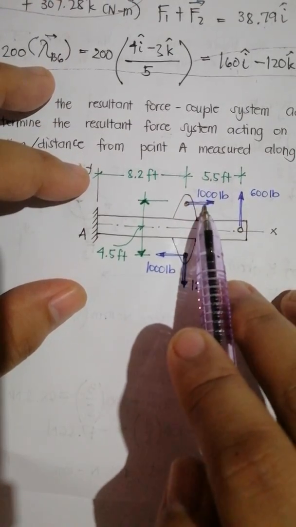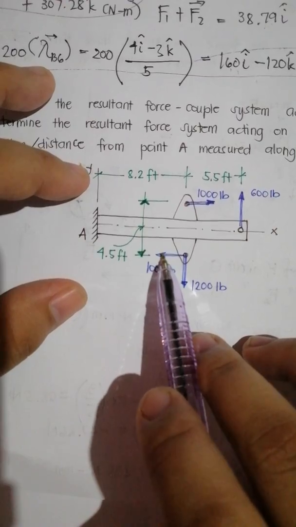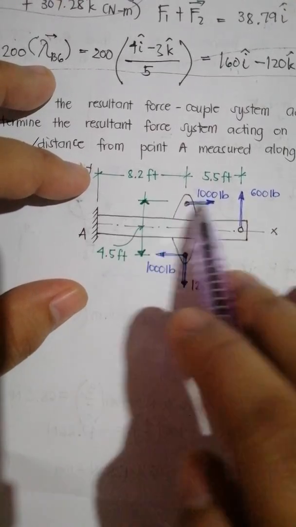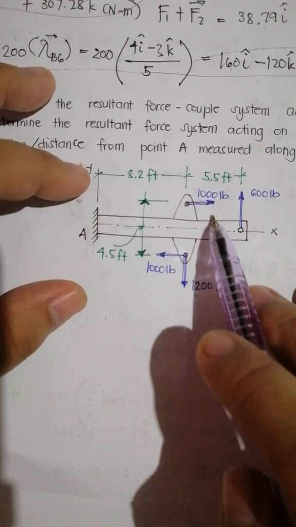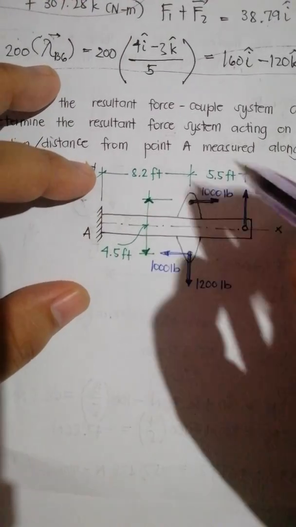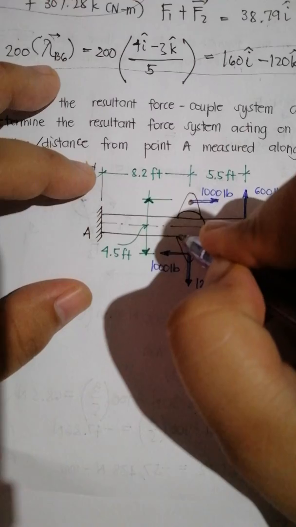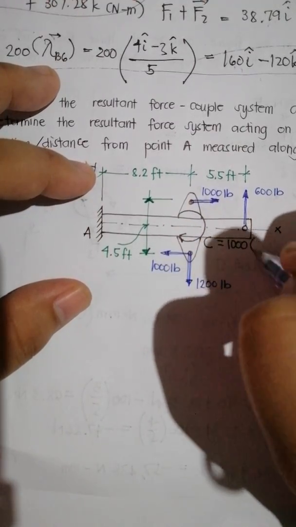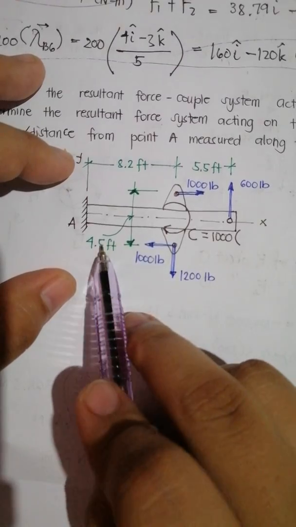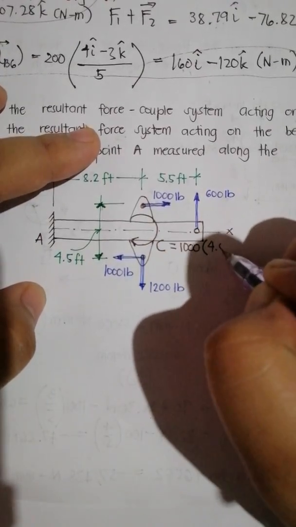This 1,000 pound force and this 1,000 pound force have parallel line of action and both are opposite in direction, so they form a couple. So let us say we'll have your couple C that is 1,000 times 4.5 since they have perpendicular distance of 4.5.